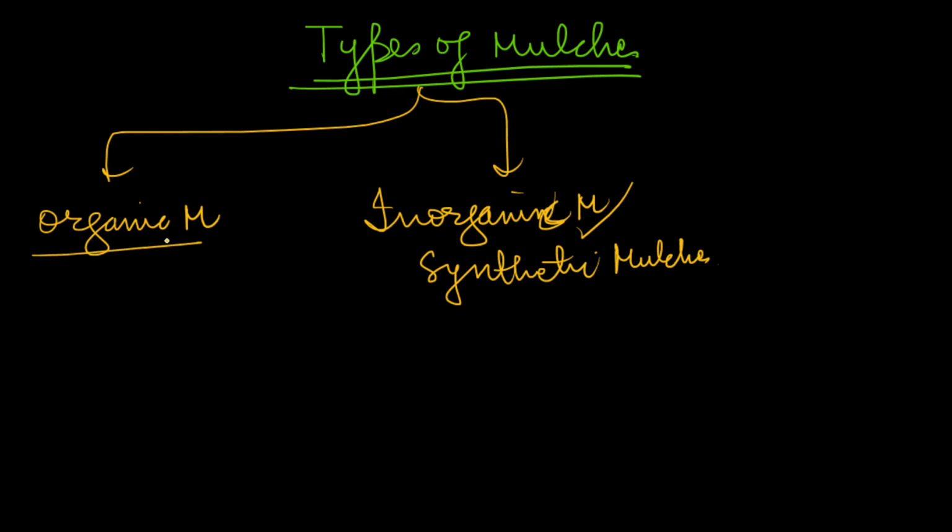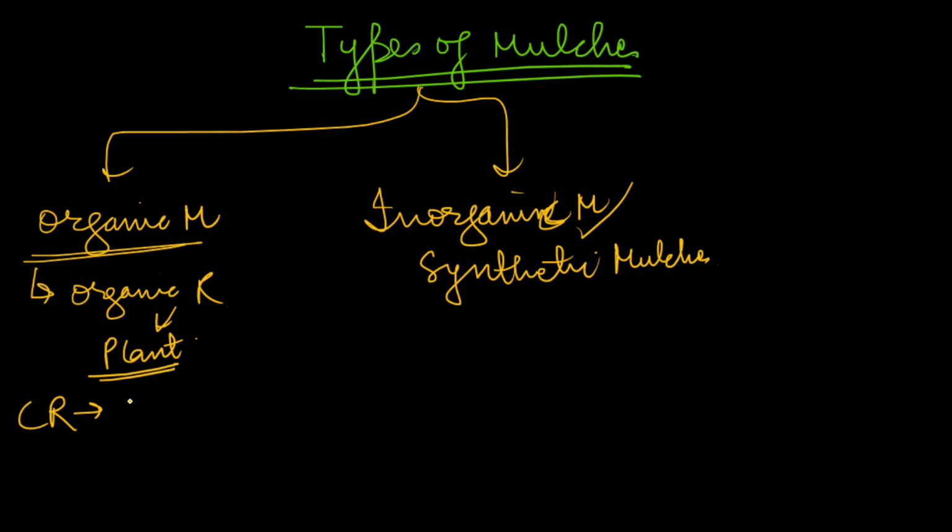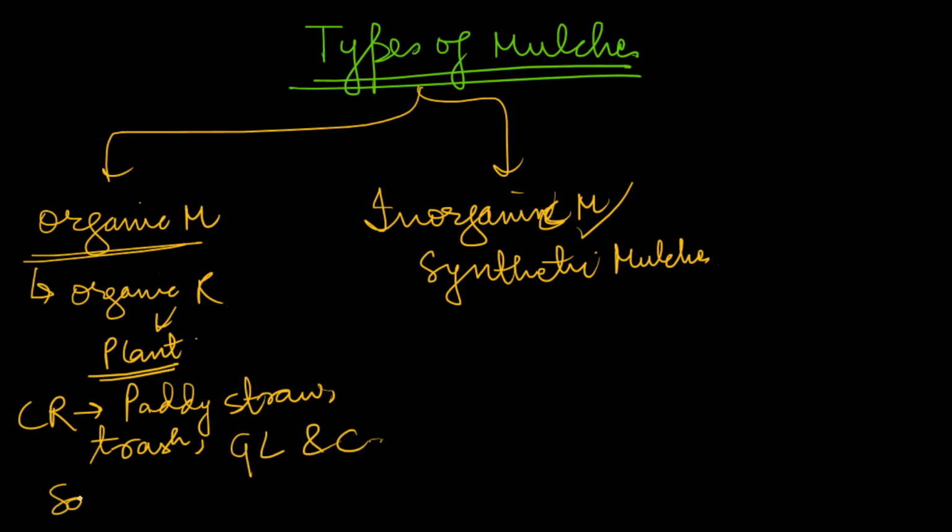So what are organic mulches? These are the mulches which are derived from organic residues, generally plant or animal residues, and in agriculture these are generally plant residues. These can be crop residues such as paddy straw, crop trash, for example sugarcane trash, green leaves and compost, sawdust, and coir pith.